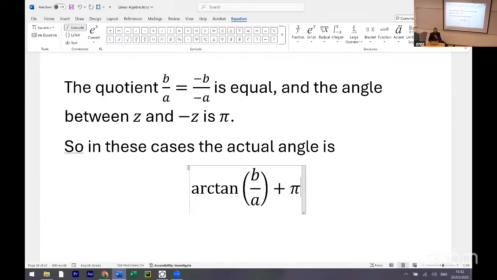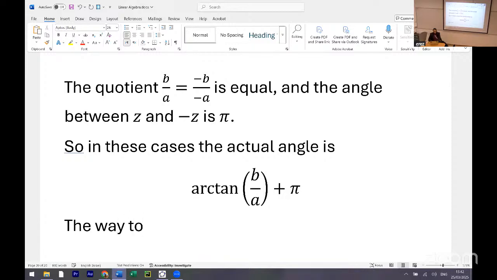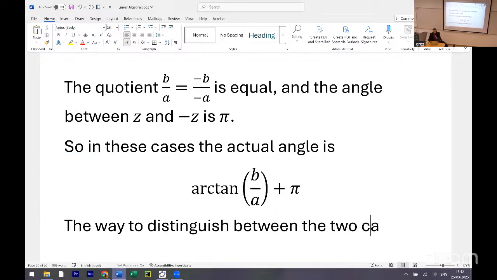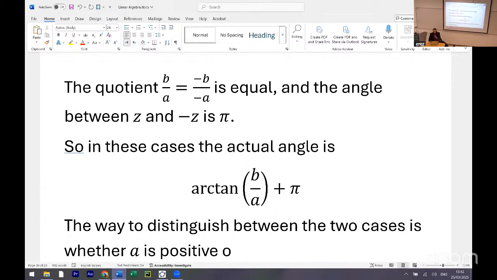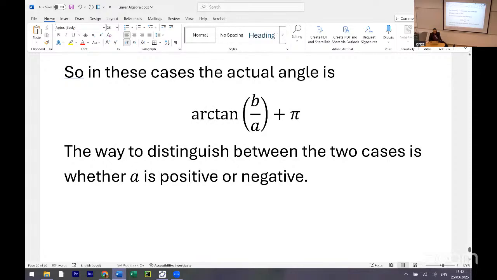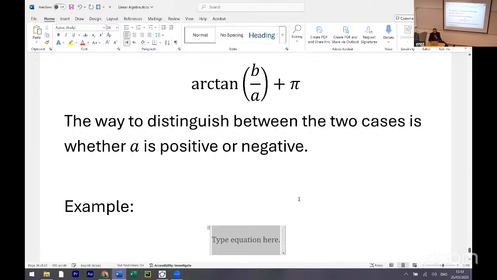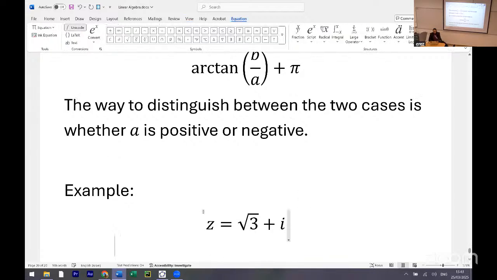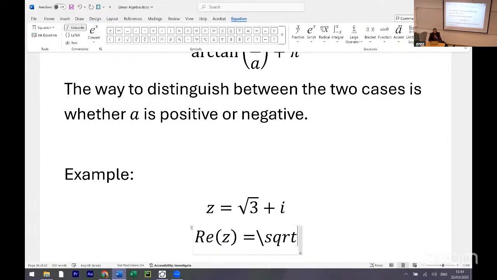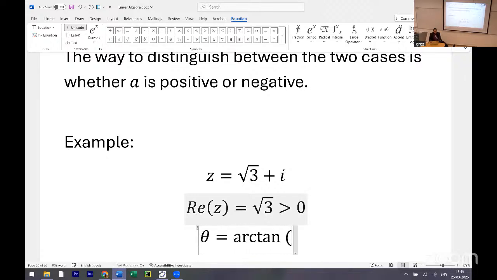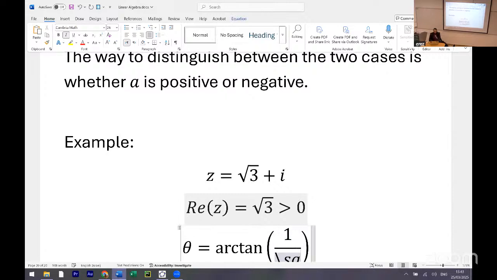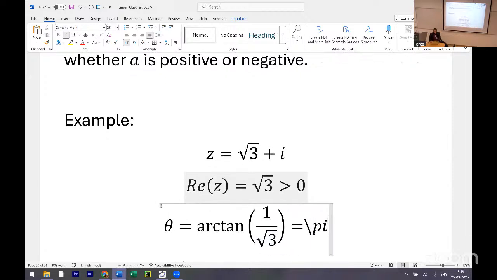The way to distinguish between the two cases is whether the real part A is positive, and therefore the angle is just the arctan of 1 over square root of 3, which is pi over 6.